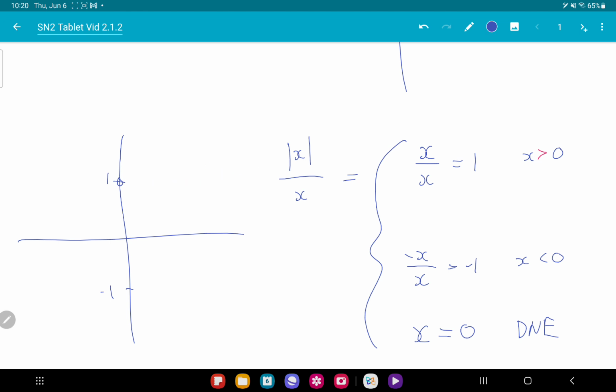Okay, that's as good as it's going to be. So for x is bigger than 0, you just have the line y equals 1. For x is less than 0, you have the horizontal line y equals negative 1. So you get this guy down here. Okay, horizontal line. Good enough. So there you go. There's my function.